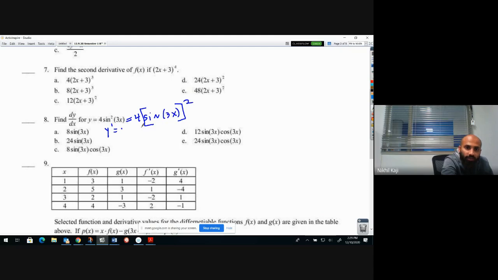So as chain rule, we do the outside, 8, leave the inside the same, to the 1 power. We don't really need that.